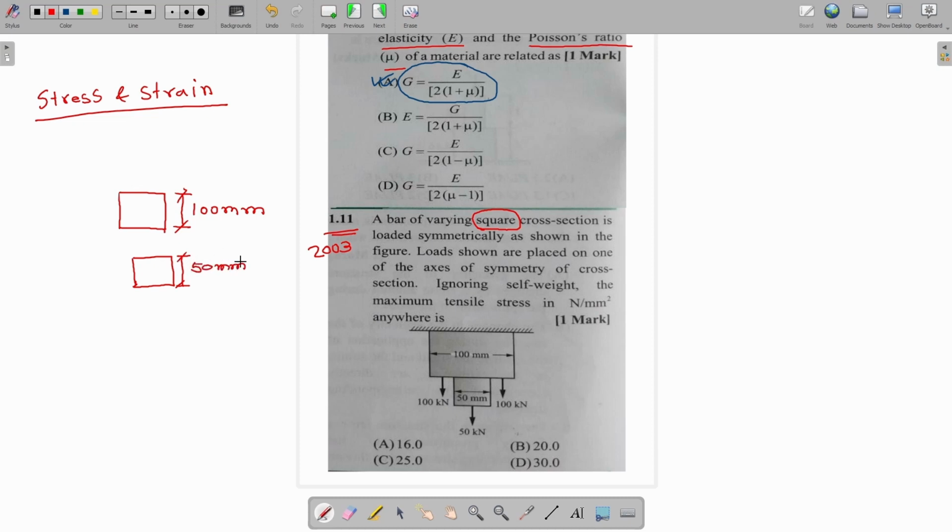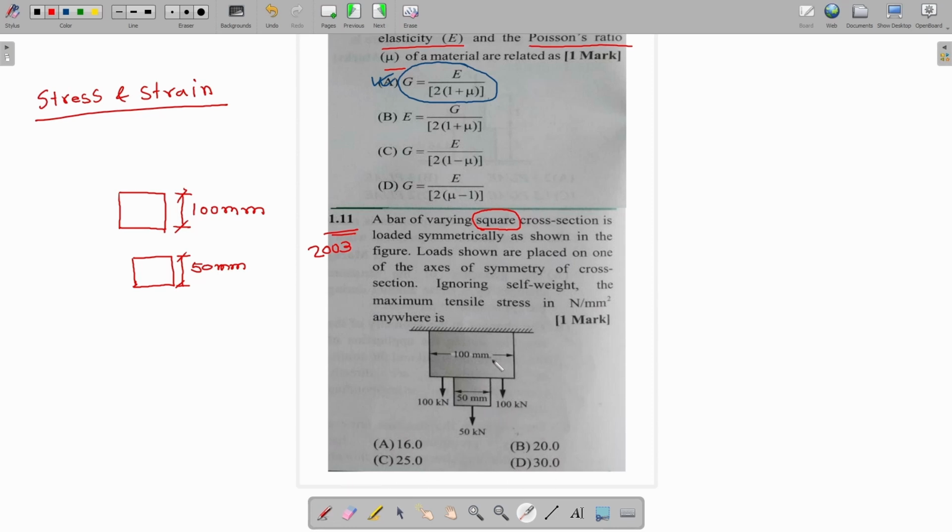Okay, this is given to us. Now what is it saying? The loads shown are placed on the axis of symmetry of the cross section. Ignoring self weight, the maximum tensile stress in Newton per millimeter square is given by, these are the four options.